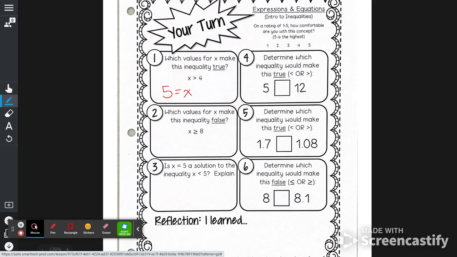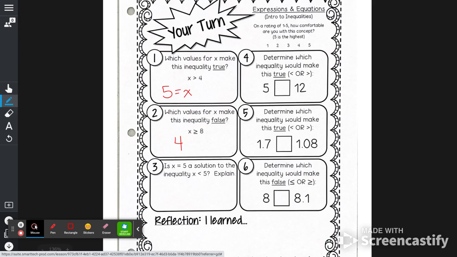Okay, look at number 2. Which values for x make this inequality false? False. 4. Okay? Because if I put a 4 in there, how would that read? 4 is greater than or equal to 8.